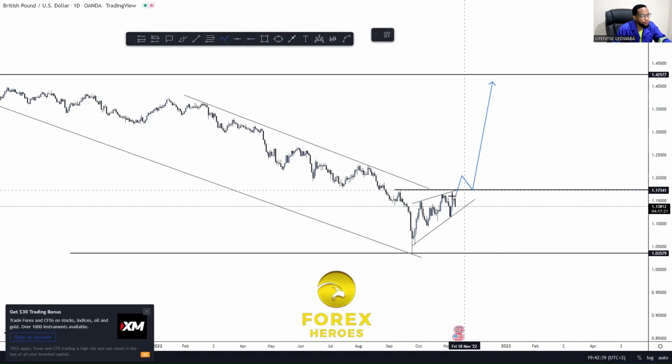And then if we fail to push with an impulsive move, then we must expect this kind of situation. Understand? So this is what I'll be looking at.